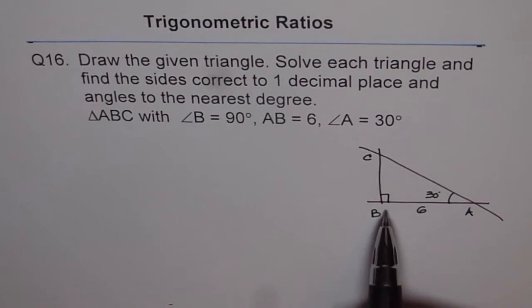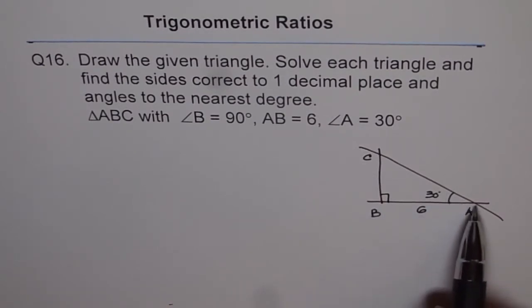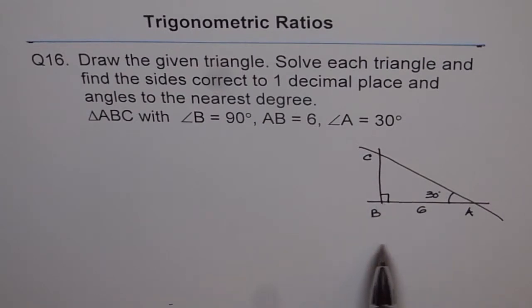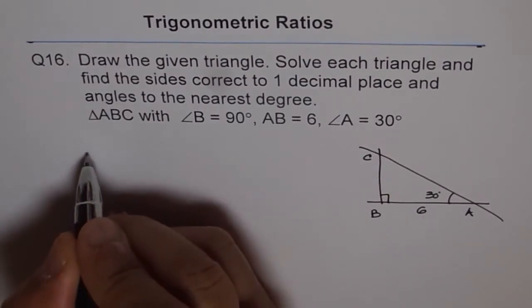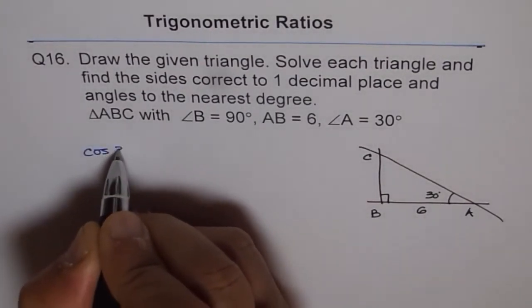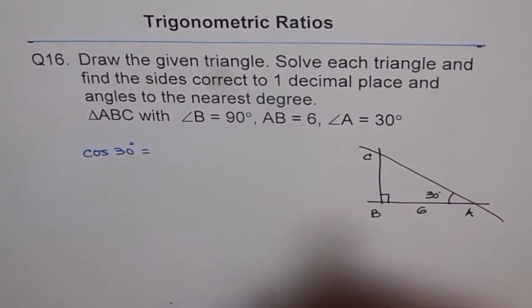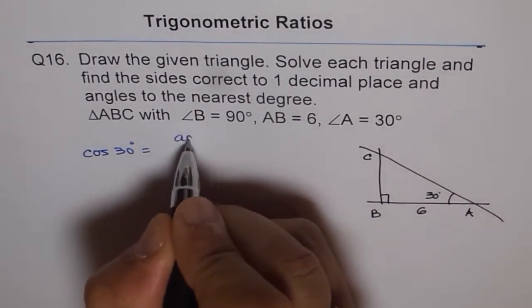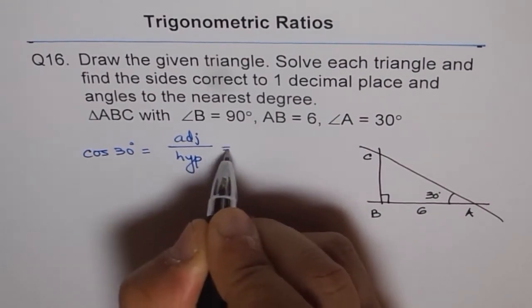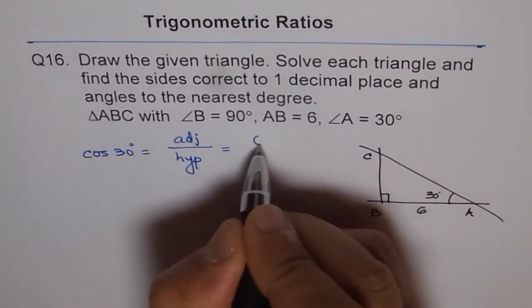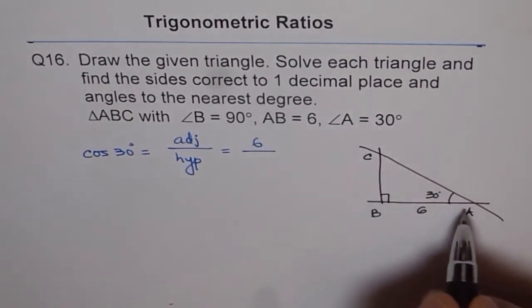Now since we are given an angle and the adjacent side, this side is the adjacent side between the given angle and 90 degrees, which trigonometric ratio should we use? It should be cosine. So we have cos of 30 degrees equals adjacent side over hypotenuse. So the adjacent side is 6 and the hypotenuse is AC.